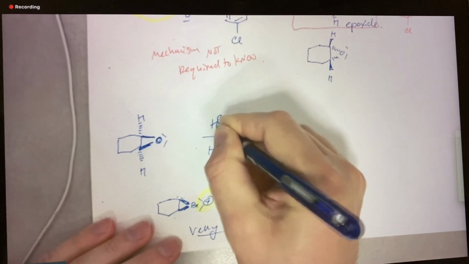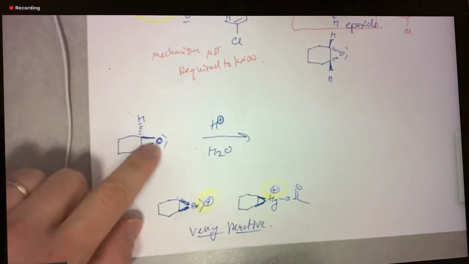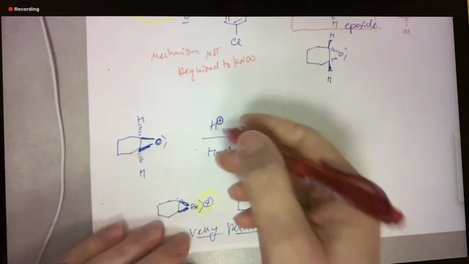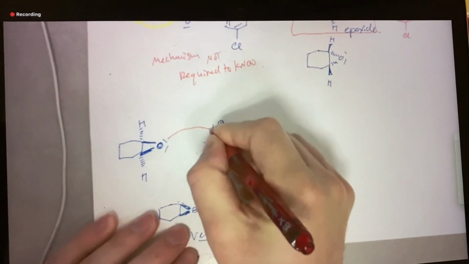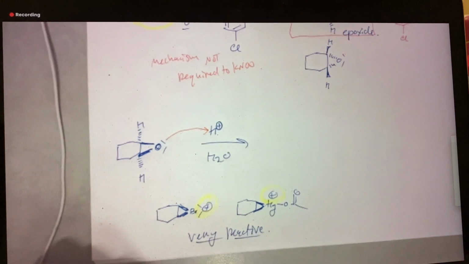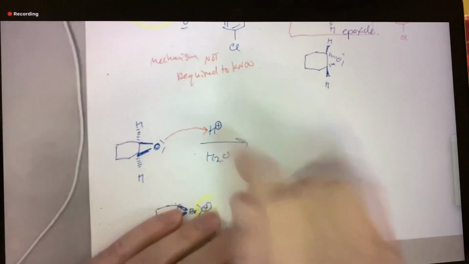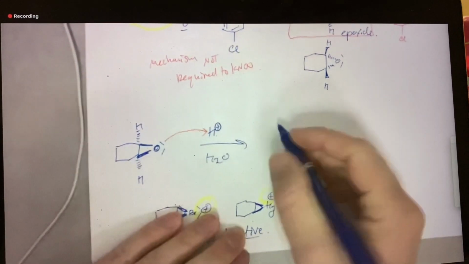What if there was a way for us to put a plus charge on oxygen? What if we had acid, like H2SO4 or HCl, and do an acid-base reaction? This is our acid, this is our base.